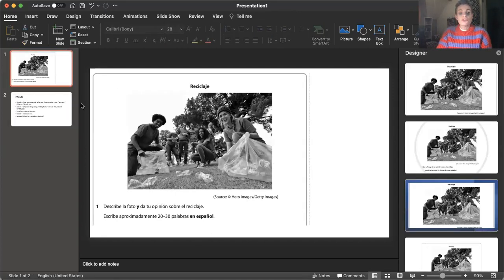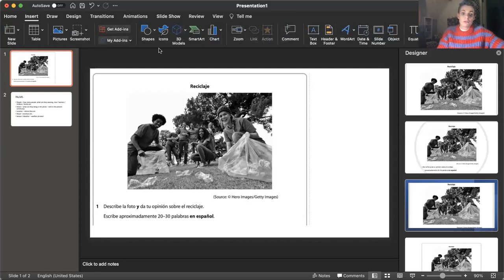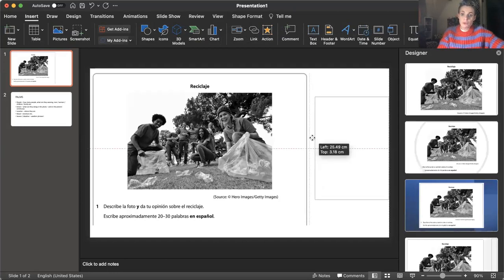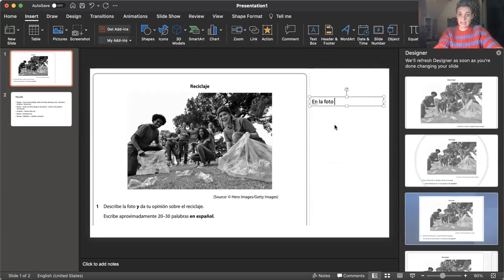I'm going to draw a little text box so I can show you how I would do it. For the first part of the question, I would always start with where you're looking. So instead of just starting hay dos mujeres or something like that, I would start with en la foto hay.